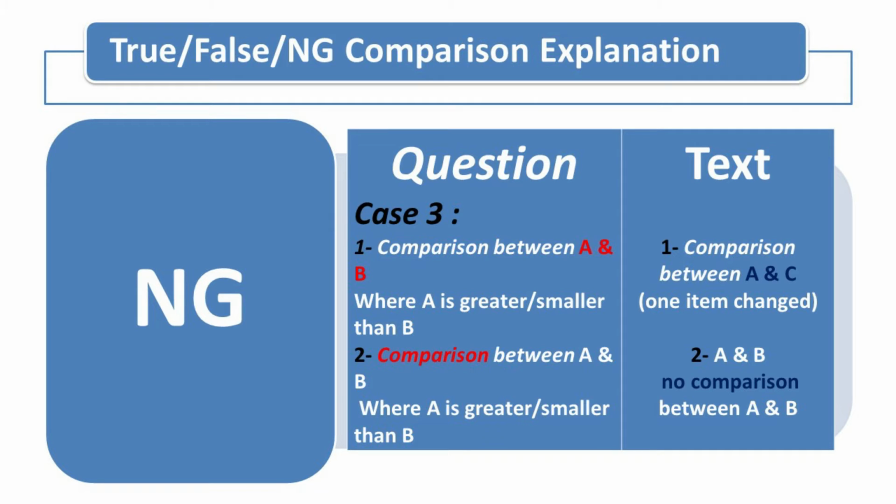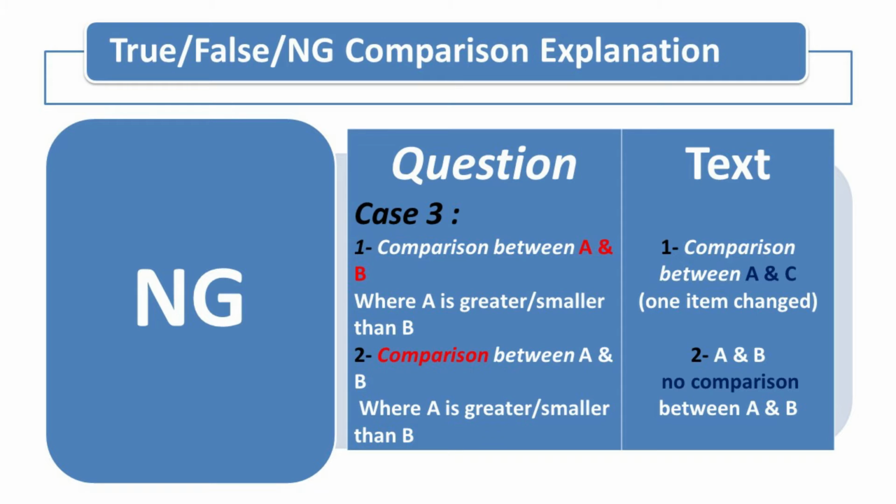In the question, there was a comparison between A and B, but in the text, the comparison is actually being made between A and another item that is C. Therefore, in this first scenario, your answer will be not given because one of the items in the comparison has been changed.